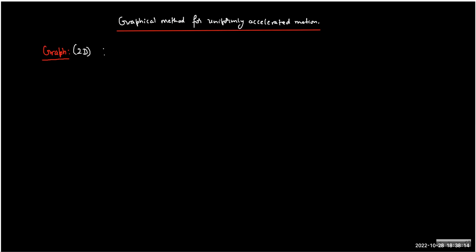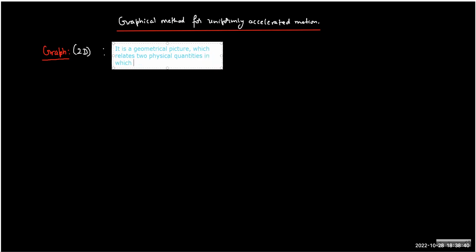So it is a geometrical picture which relates to physical quantities, in which if one is known, then the other can be figured out.